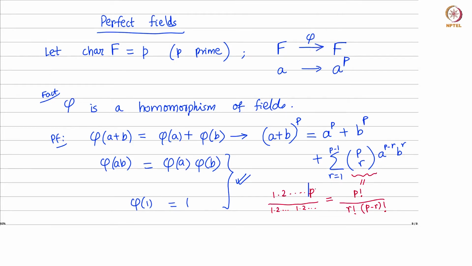So at the end of this cancellation, you're still going to be left with this P. Okay, so P divides the answer. That's the point. So P divides this quotient, and so P choose R is a multiple of P.